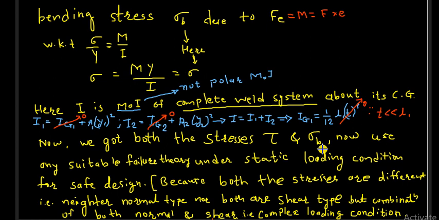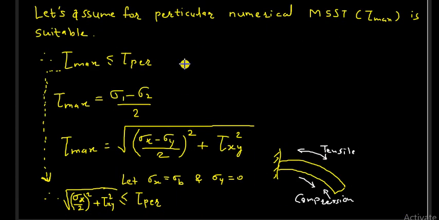So we can say that this is a complex loading condition, and you know that for complex loading conditions we have different failure theories. As this is a static loading condition, we will use a suitable failure theory for designing this complex loading condition. Let us say or assume that for a particular numerical the maximum shear stress theory is suitable.